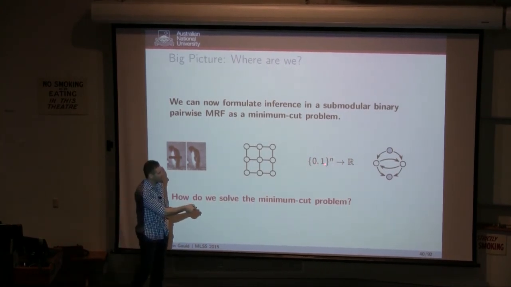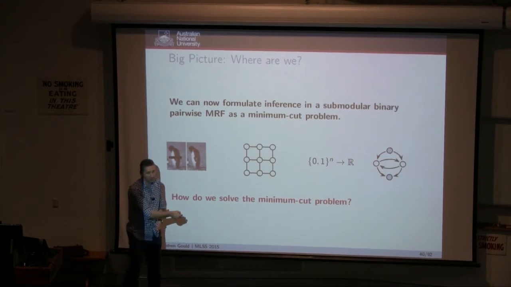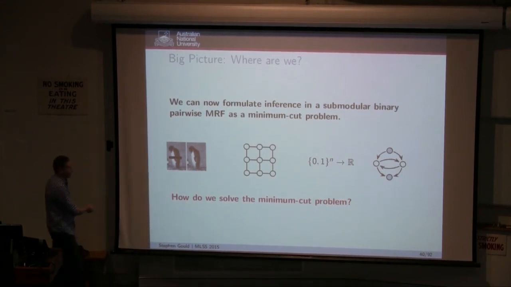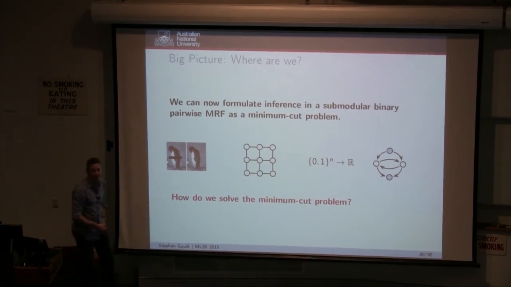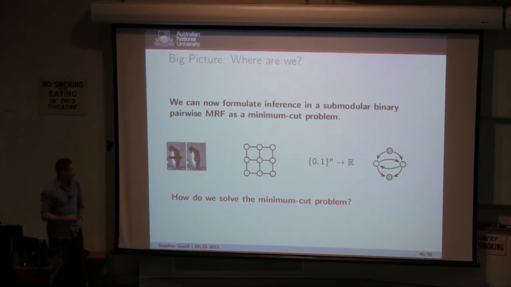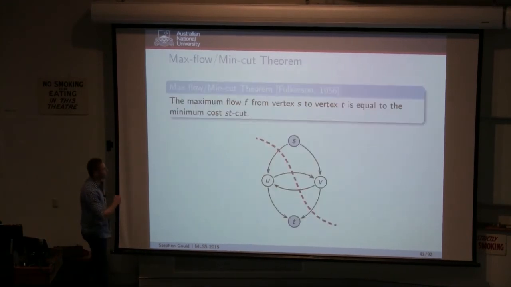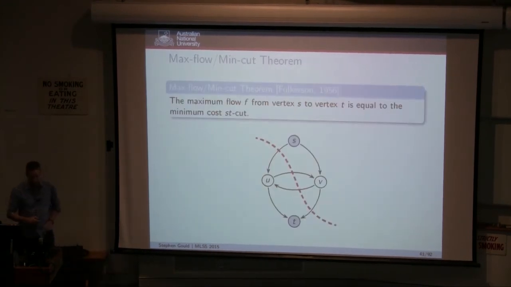Once we have that posiform, we can construct this ST graph, and if we can find the minimum cut in this ST graph, then we have found the optimal assignment to our variables. So the question becomes, how do we solve this minimum cut problem? Doesn't seem like we're making much progress yet, right?